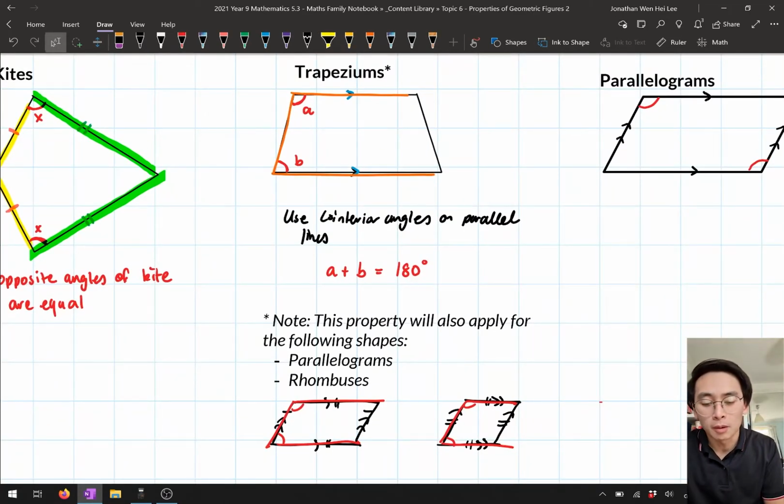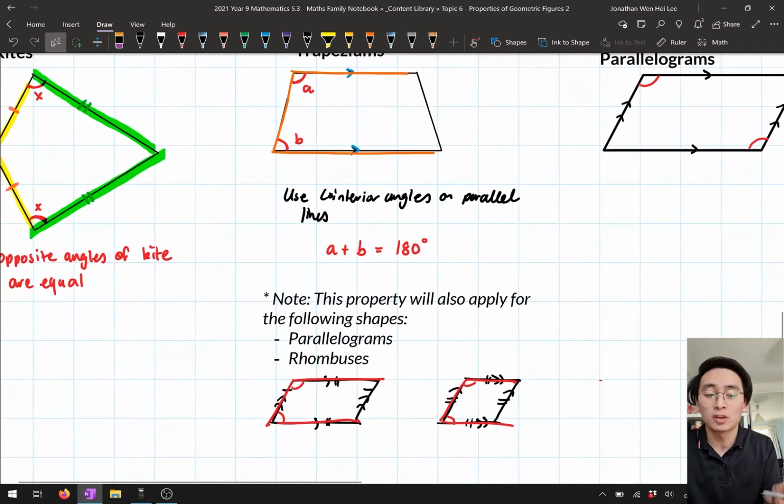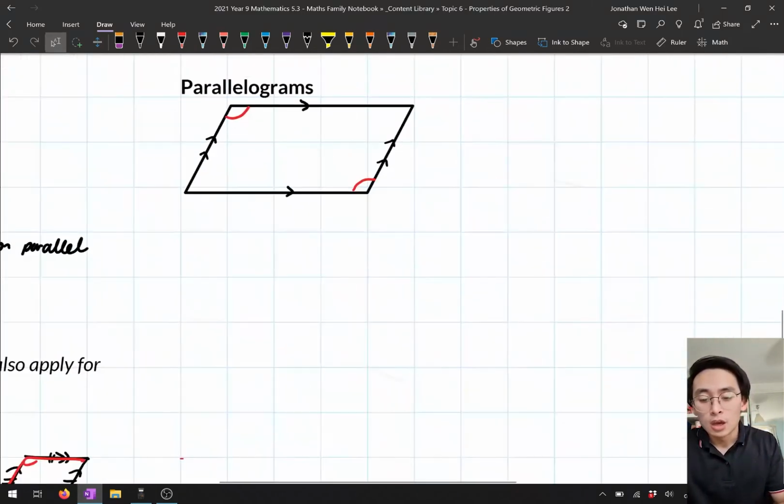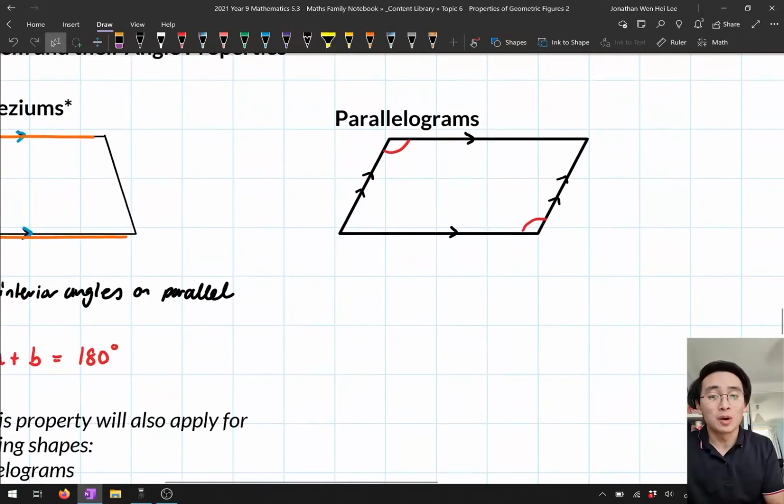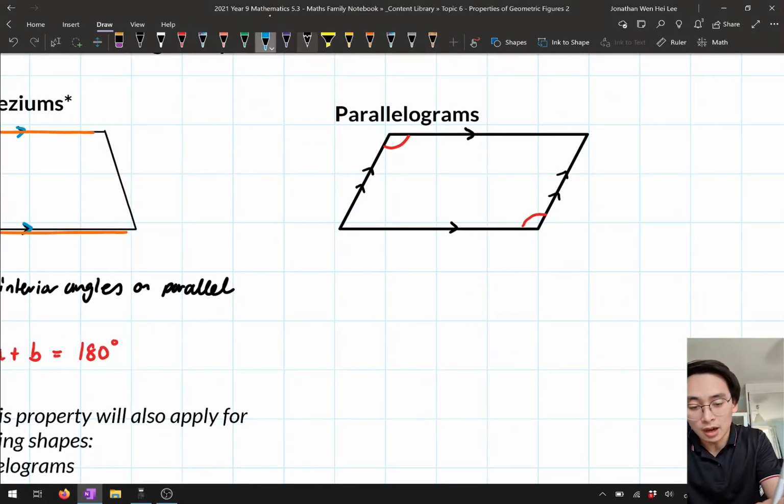Now there's one more special property that we have, and this is for a parallelogram and also for rhombuses. Parallelograms have two pairs of parallel sides. So here, this side is parallel to this side, and this side is parallel to this side.